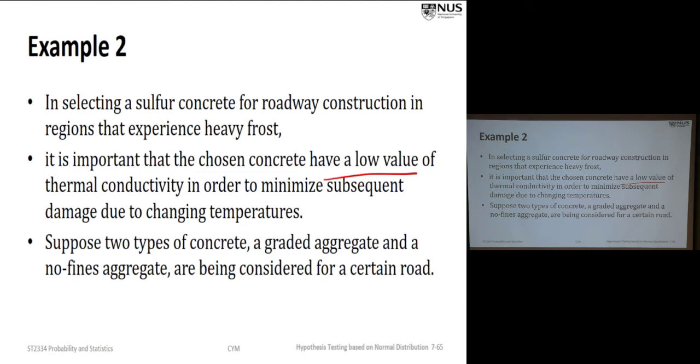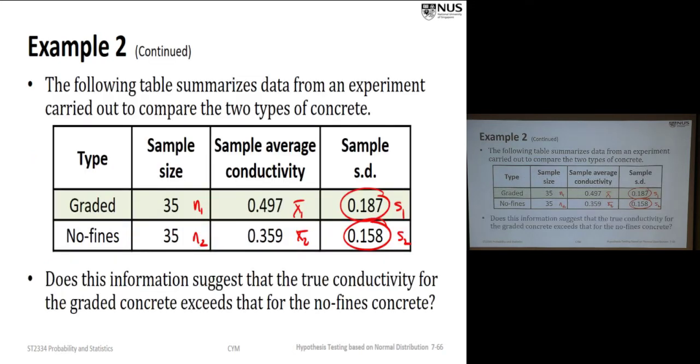So we're talking about all the roadway construction using concrete of two types, grade aggregate and no fine aggregate. All right? Now here is the hypothesis.